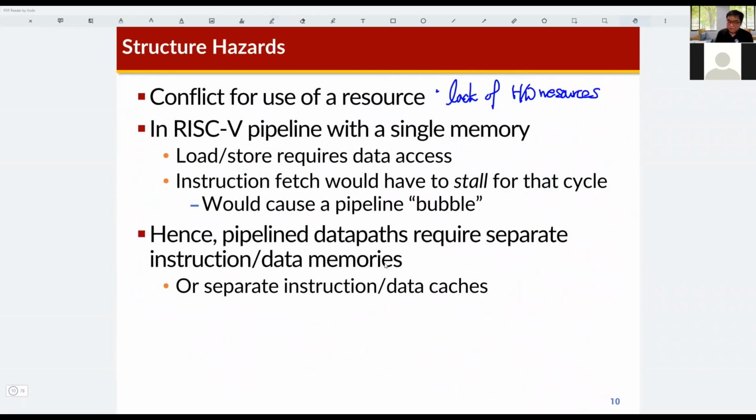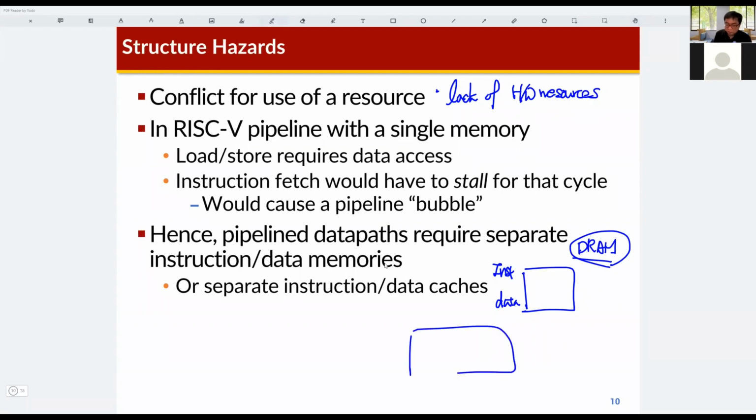But if the instructions and data share a single memory, so I said that an instruction is also handled like data. Actually, in the computer hardware, all instructions and all user data are stored in the DRAM. The DRAM is the external memory.